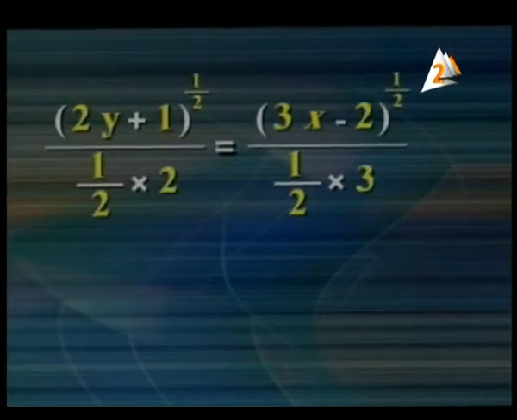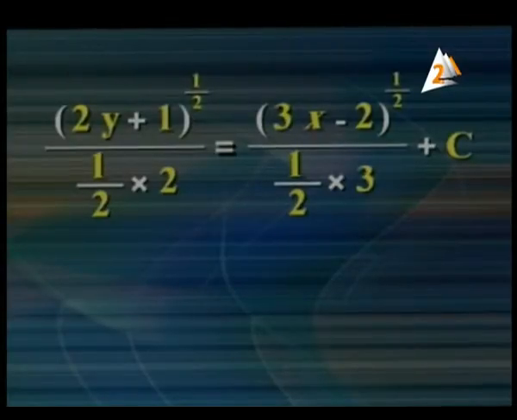Therefore, (2y plus 1) power half over half times 2 equals what? (3x minus 2) power half over half times 3 plus c. What is the c? It is the constant of integration.